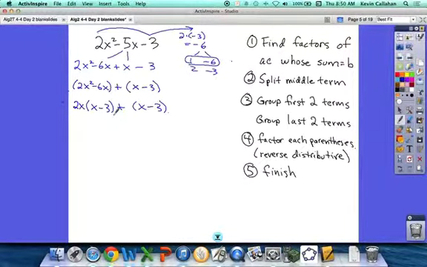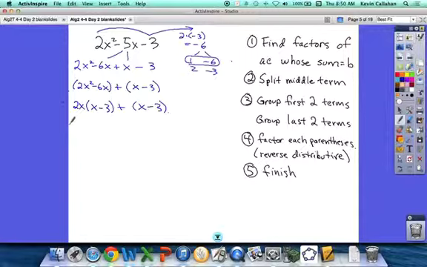Okay, now, I know this is maybe a step that we might never fully understand exactly what's going on, but it's kind of mechanical too. What I'm really doing here is, now I've got two terms. Terms are separated by pluses and minuses for subtraction. So this is a term, and this is a term, separated by that plus.